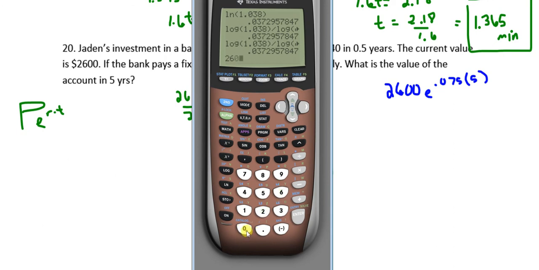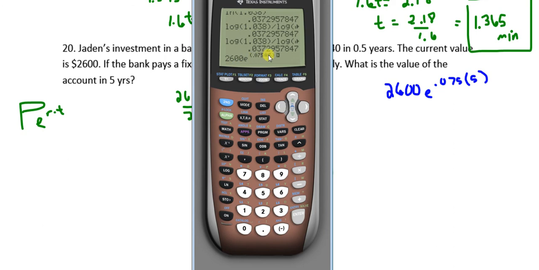2,600, the number e, exponent. Now, if you're using the older calculator, do this 0.075 times 5 in parentheses. Or work that out ahead of time and not use exponents.